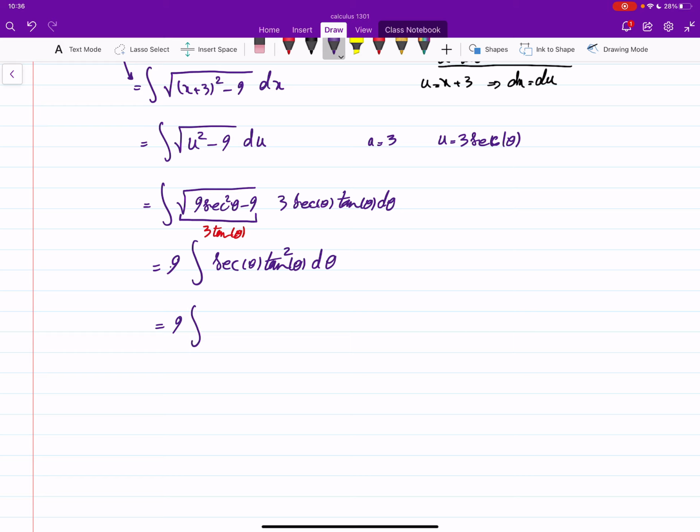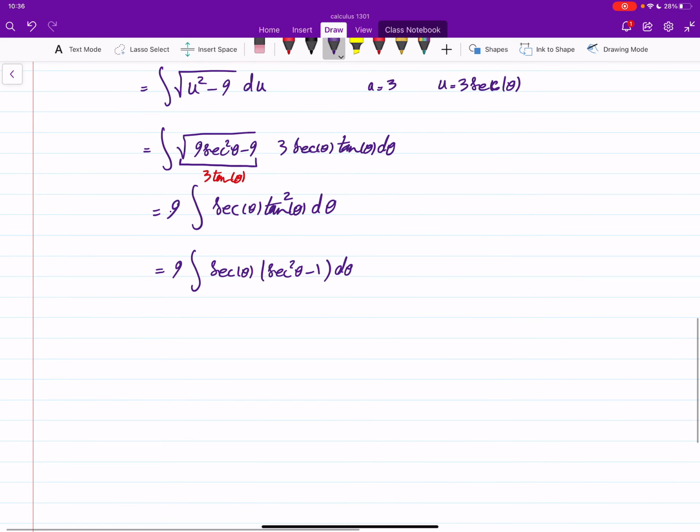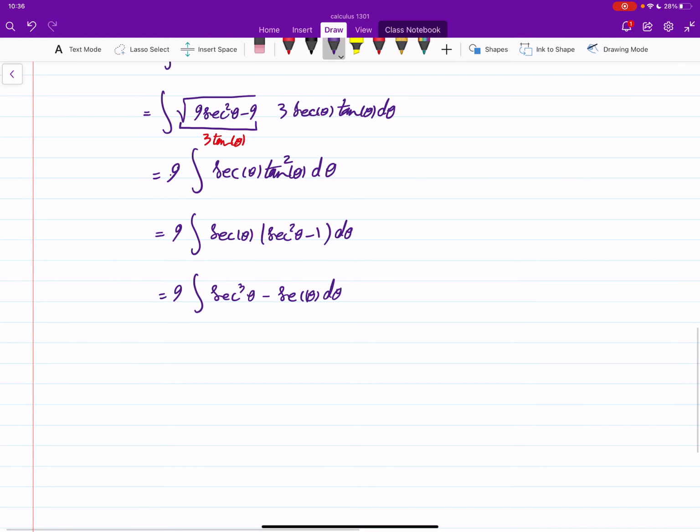I can write tan squared as secant squared theta minus 1. And from there, you will get secant cubed theta minus secant theta d theta. So the integral of secant theta, we know what that is.